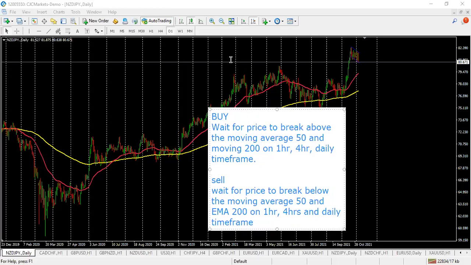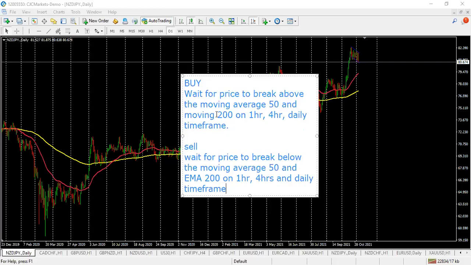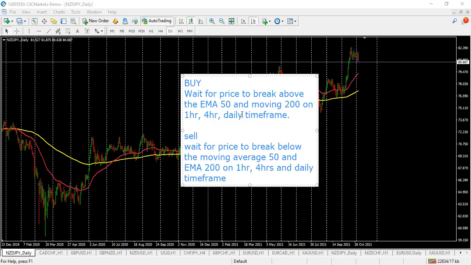These are the conditions that will make you enter the market for a buy and also for a sell. So please note this. Any other question?